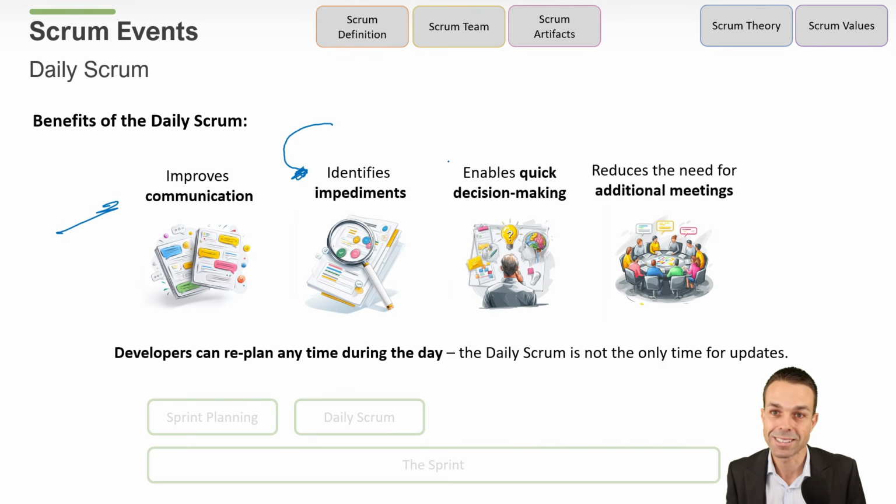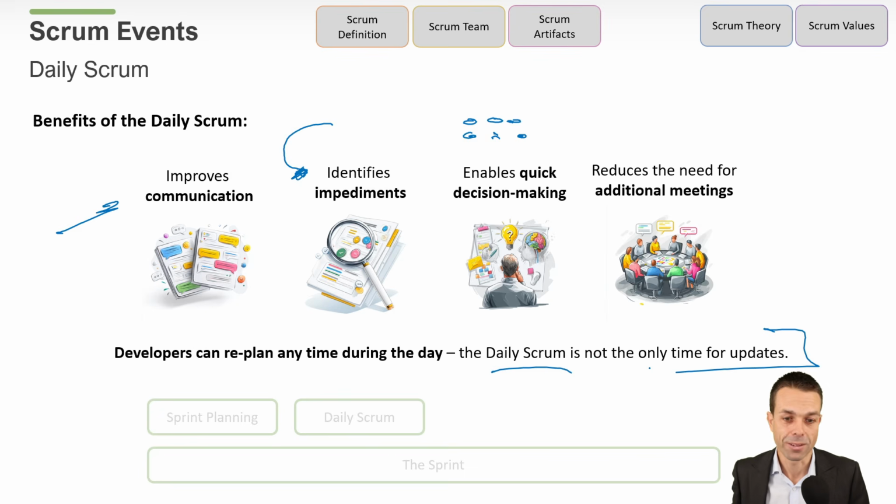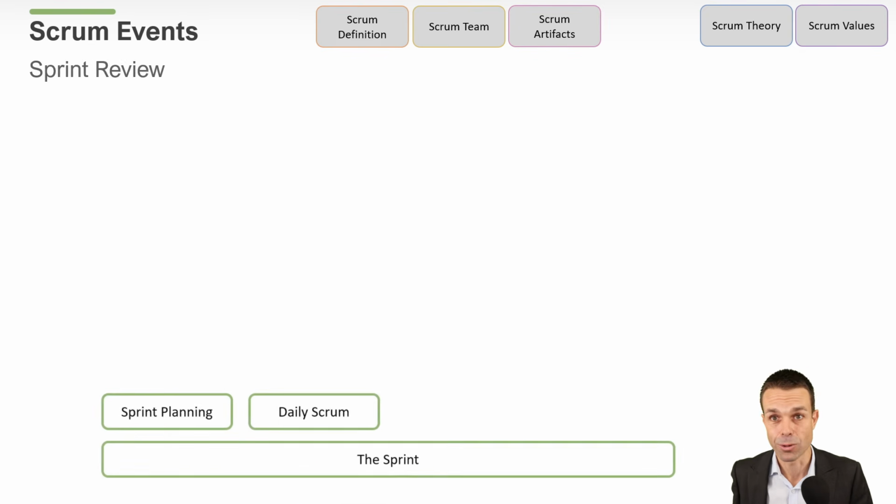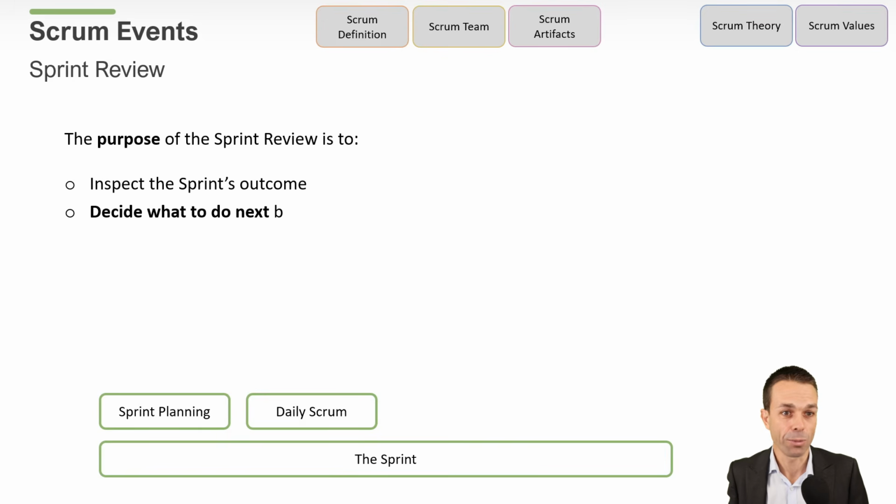It enables quick decision making because we're all there and we can get fast answers if we need to. It reduces the need for any additional meetings. And developers can always replan anytime during the day. The daily Scrum isn't the only time for updates. So just remember that we can catch up separately if we need to, but having that daily Scrum should help.